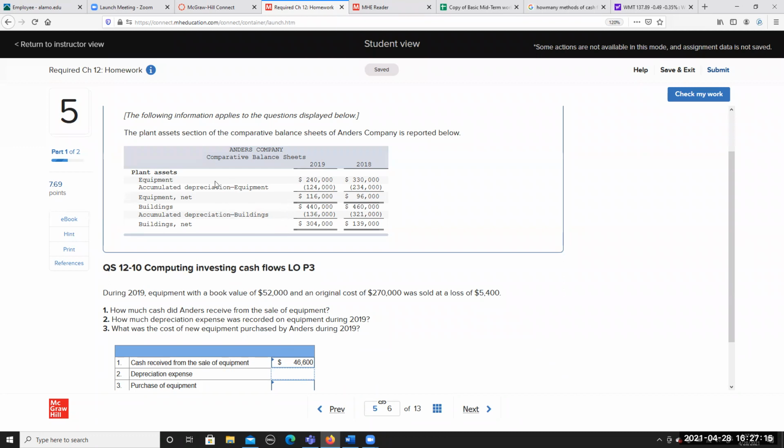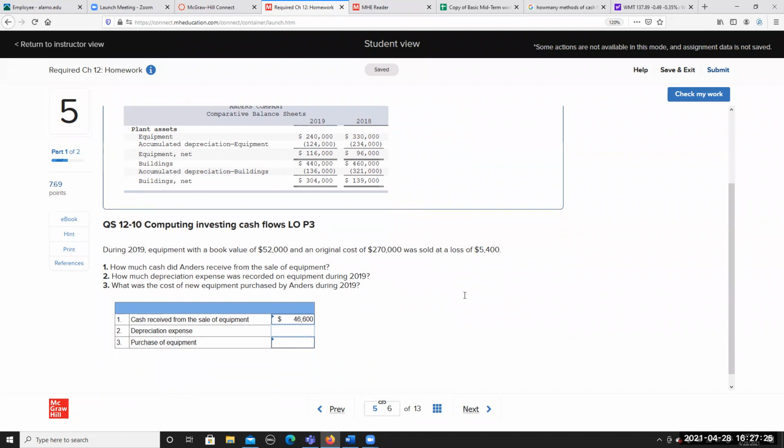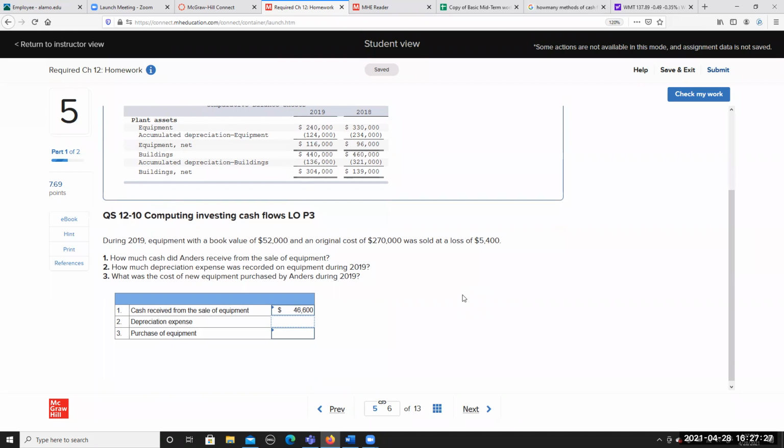Well, it looks like it was 234. It was sold at a loss of 54. Computing and investing. How much depreciation expense was recorded on equipment? All right, so remember, the book value is 270 minus the accumulated depreciation. We don't know it, but that'd be equal to 52.